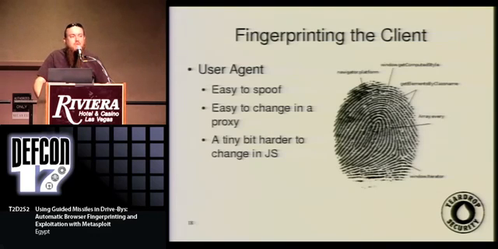The problem is that it's really easy to spoof, and in fact Firefox, Opera, and Safari all have things that allow you to change the user agent to look like IE, because a lot of websites are stupid and broken, and you have to look like IE for their website to work. So they provide a way for you to easily change your user agent, and this totally breaks all of that detection. It's also easy for a proxy to change or just completely remove.